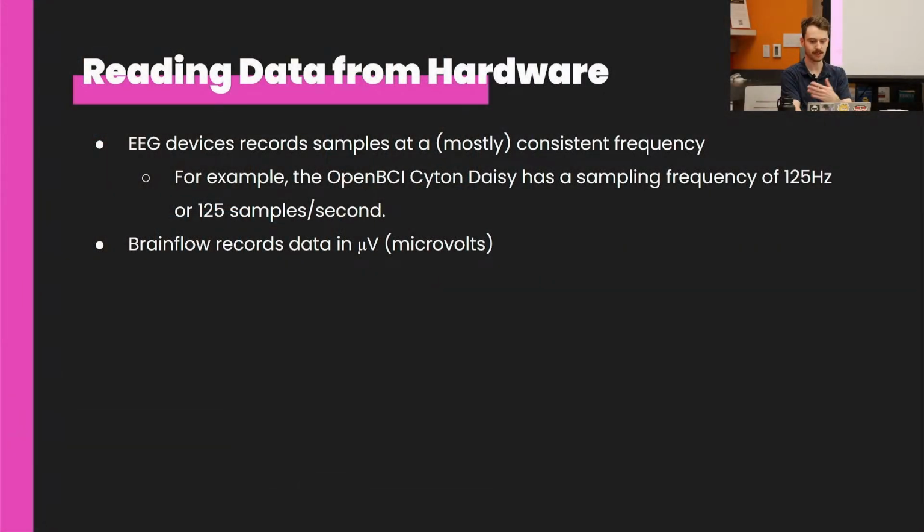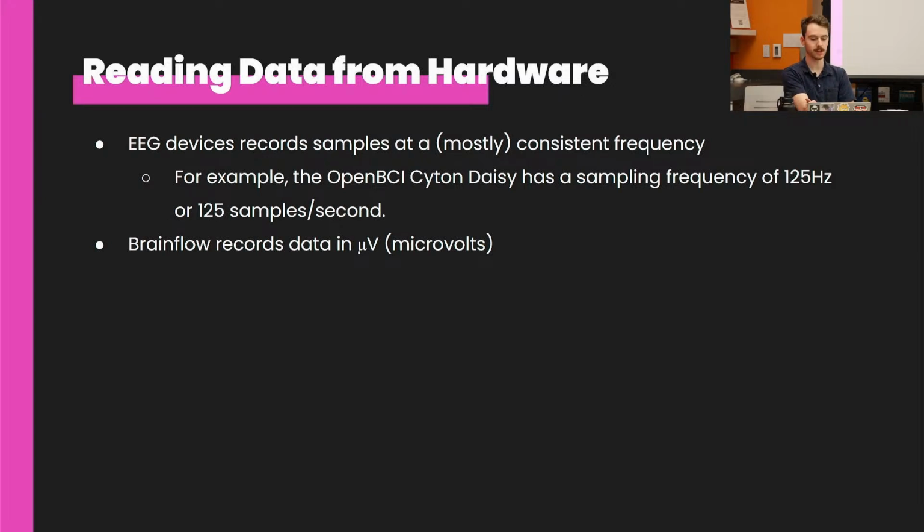The OpenBCI has a sampling frequency of 125 hertz, which means it outputs 125 samples per second. Sometimes you might run it for a second and it'll output 123 samples, let's say. It'll be close to that, but based on the way the buffer works, which we'll discuss a little bit later, it might not output the exact amount of samples.